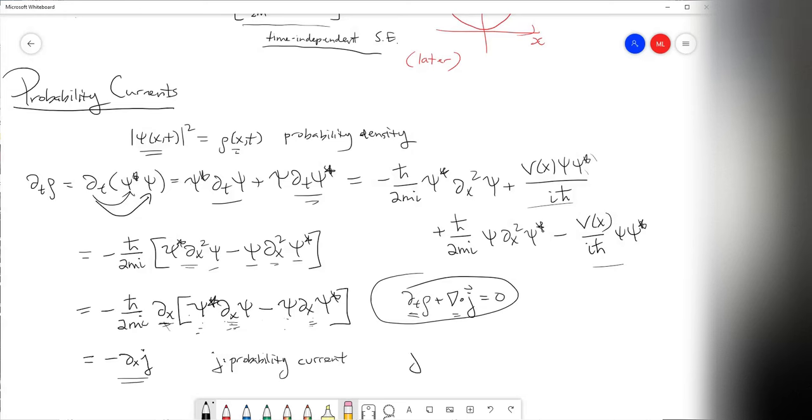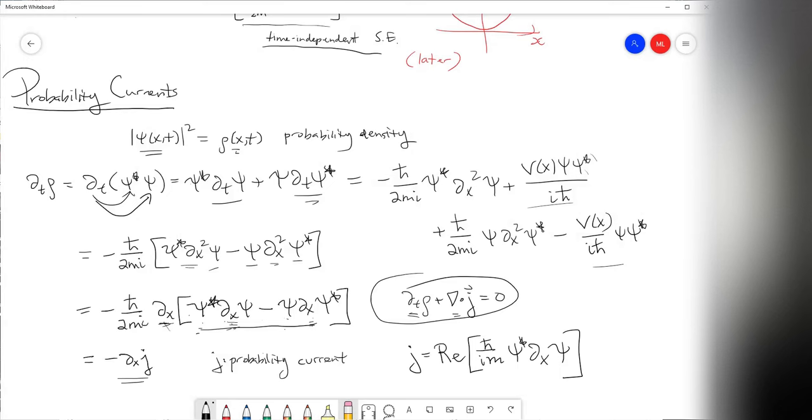And what's J, just to complete this idea here, it's just h bar over 2mi and the stuff in here, which I can also write as the real part of h bar over im of psi star partial x psi.